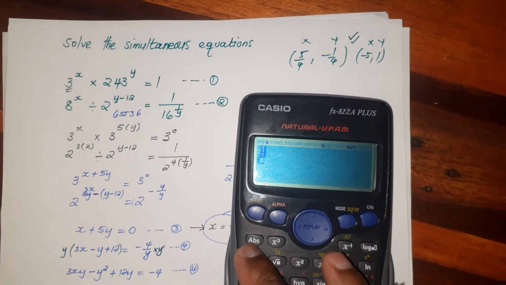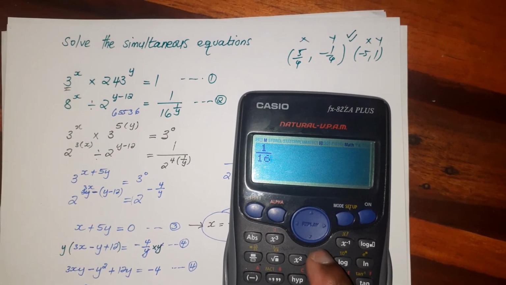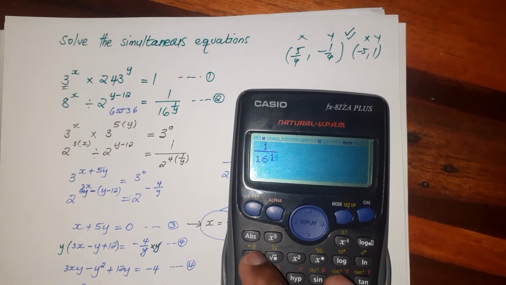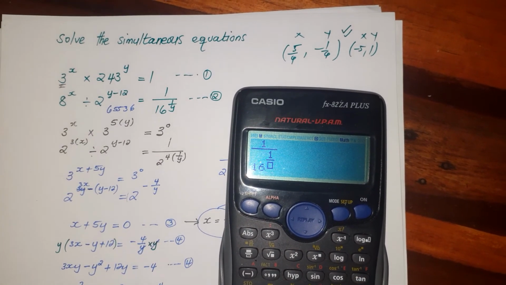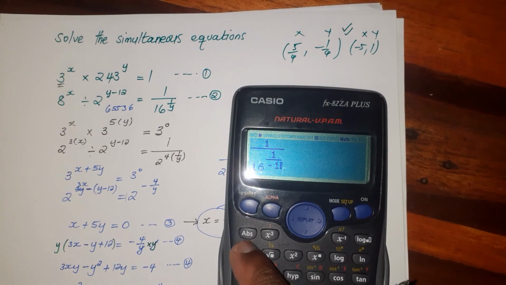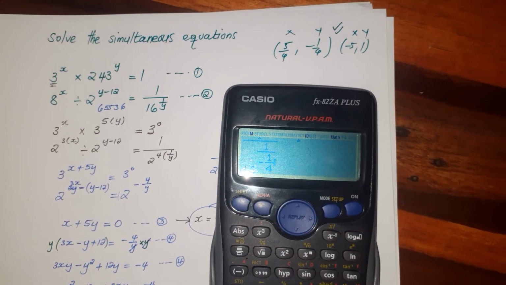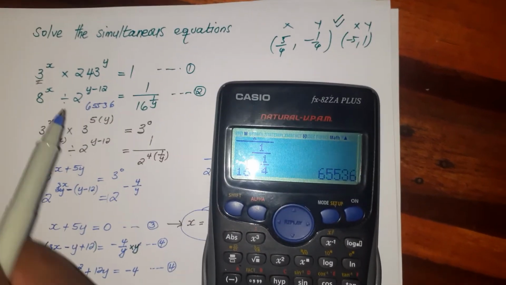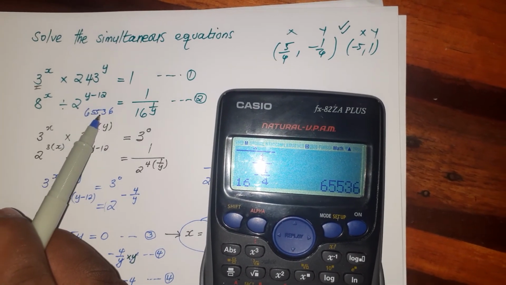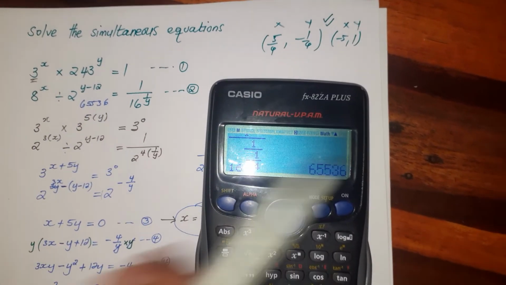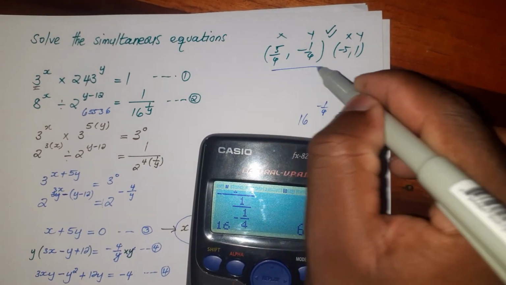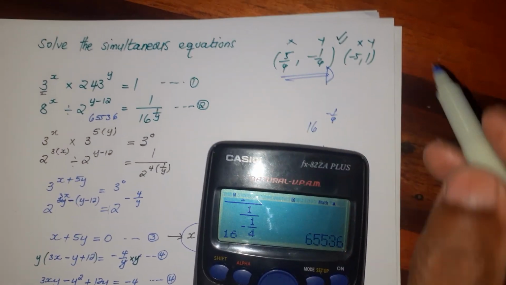It is 1 over 16 to the power 1 over negative 1 over 4. This is how it's supposed to be. Yes, you are getting the same answer, which is 65536. So it means these two are correct.